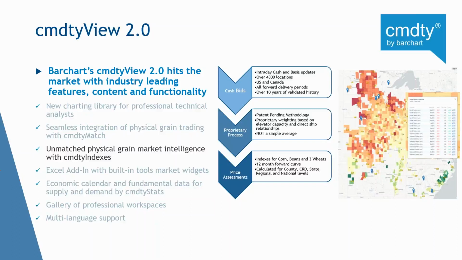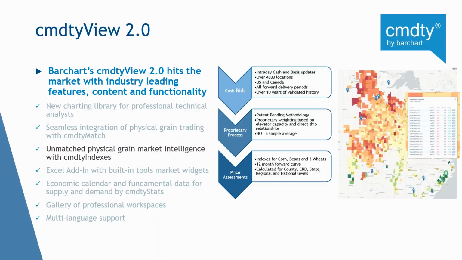There's a value-added calculation there that drives the larger elevators and larger buyers to have a bigger impact on the index than a smaller elevator. Again, it's not a simple average. I think it's a much more useful index or fair price assessment than that would deliver.